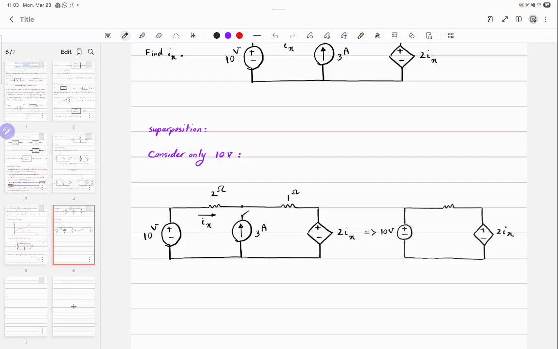Because the current won't change, right? The current passing through the combination is also going to be Ix. I'm not changing anything. I'm not destroying the variable. So this is 3 ohms, and this guy is still Ix, but it's better to call it I prime x.